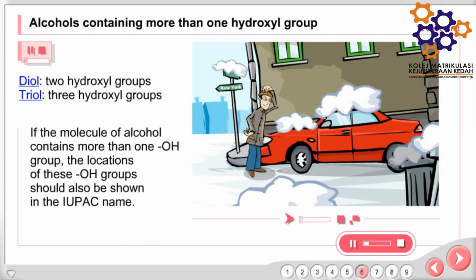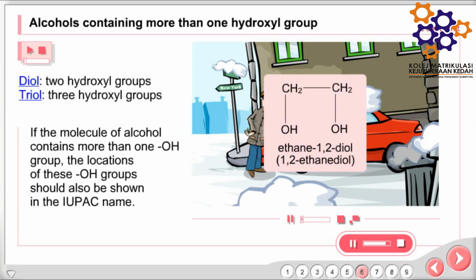An alcohol containing 2 hydroxyl groups is named a diol. One containing 3 hydroxyl groups is a triol, etc. In the International Union of Pure and Applied Chemistry names of such compounds, the suffix "ol" is preceded by "di" or "tri" respectively, and the positions of all hydroxyl groups are given. The simplest diol is ethane-1,2-diol, better known under its common name of ethylene glycol.